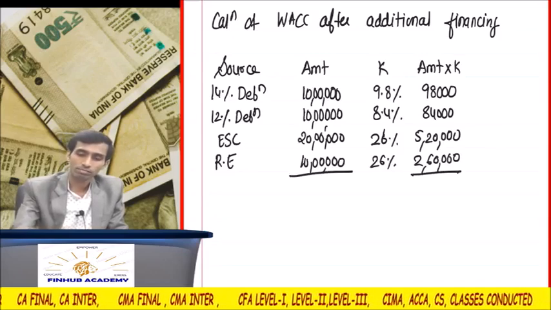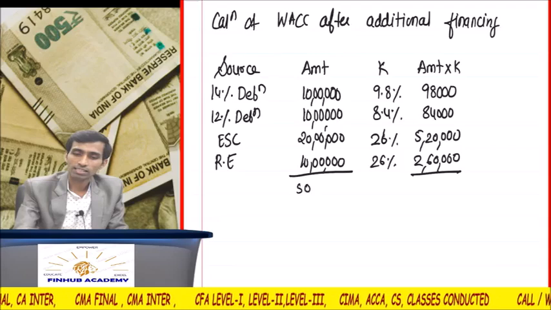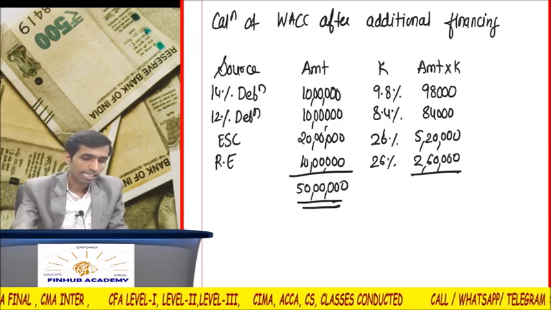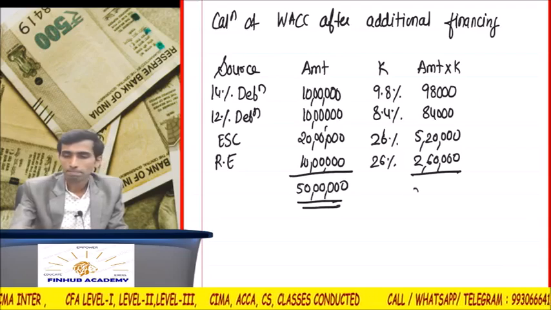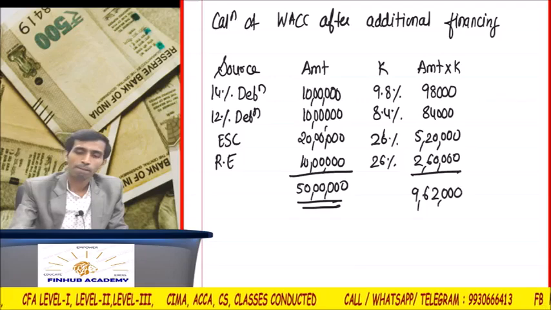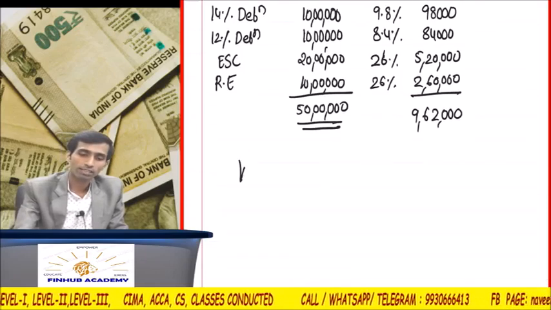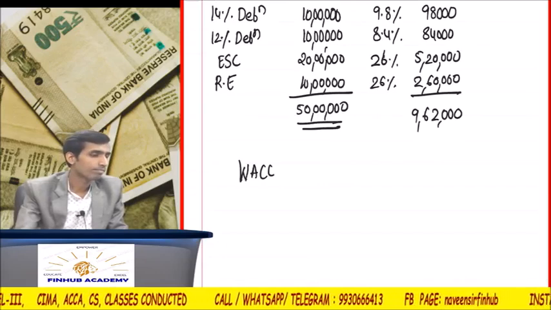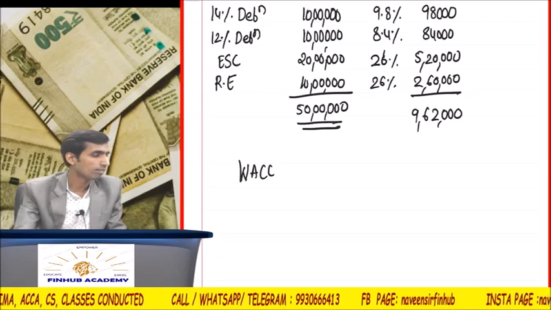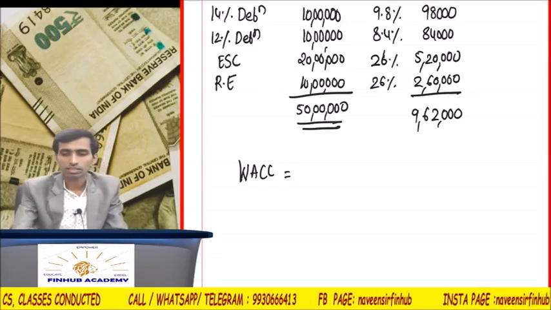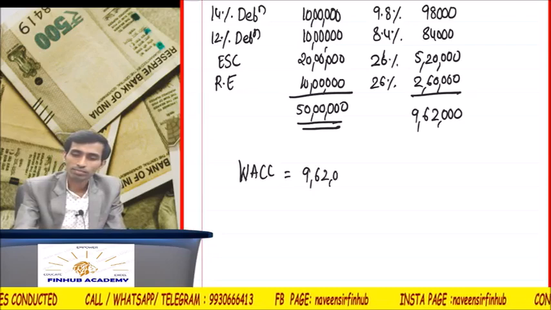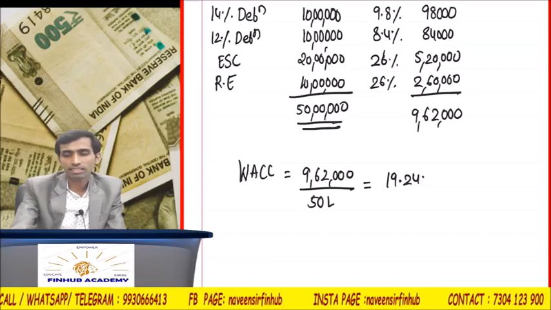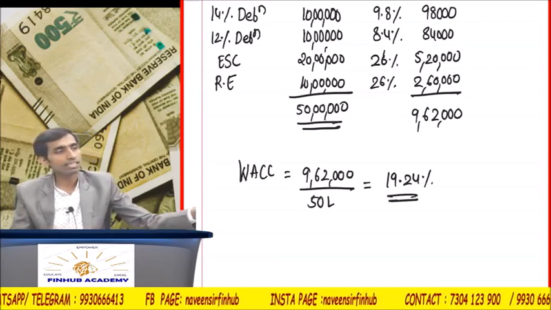Total 50 lakhs, and the cost is 9 lakh 62,000. 9 lakh 62,000 upon 50 lakhs is 19.24%.